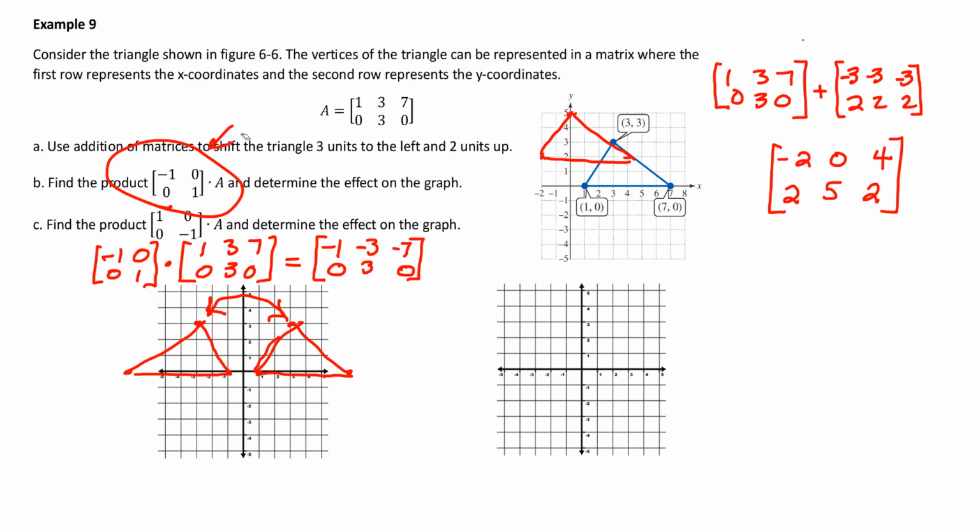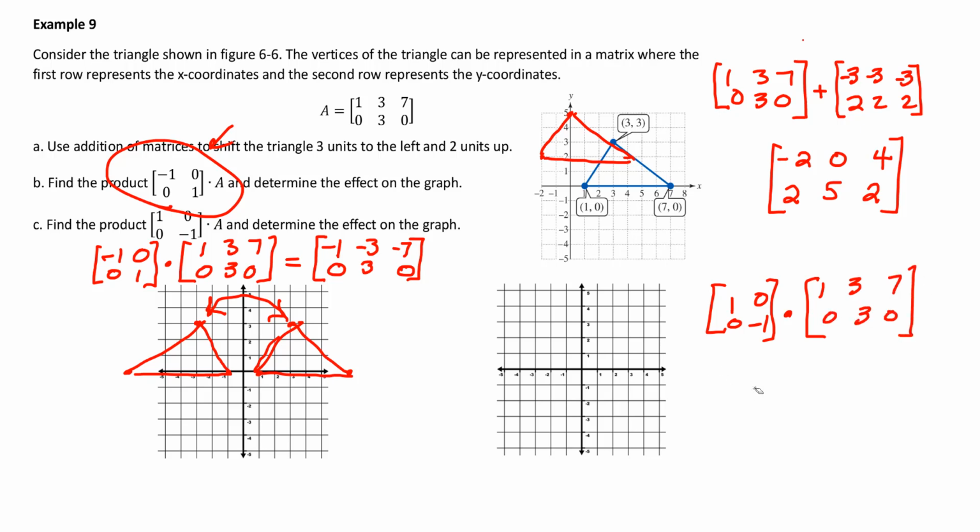Then if you look at part C, you're going to multiply the coordinate matrix for the points of the original triangle by 1, 0, 0, -1. So we've got 1, 0, 0, -1, and we're taking the dot product of that and 1, 3, 7, 0, 3, 0.